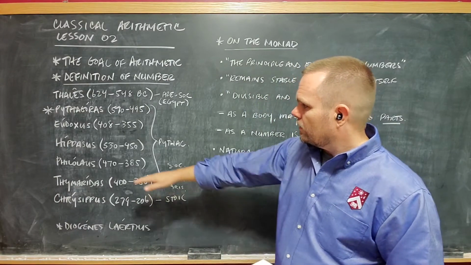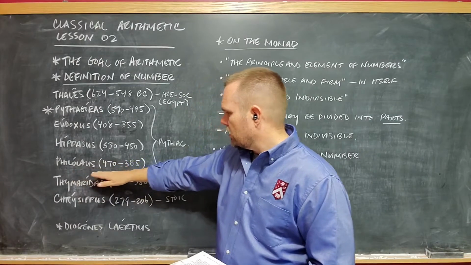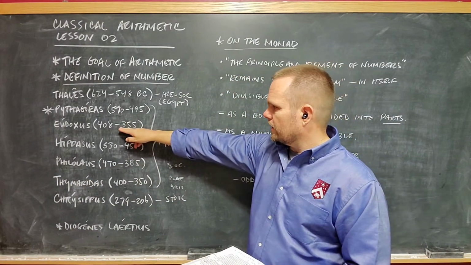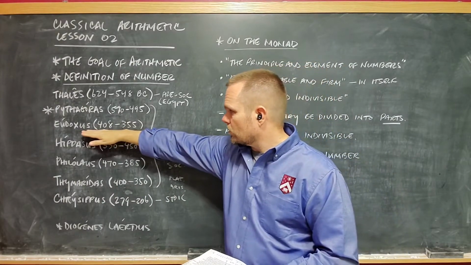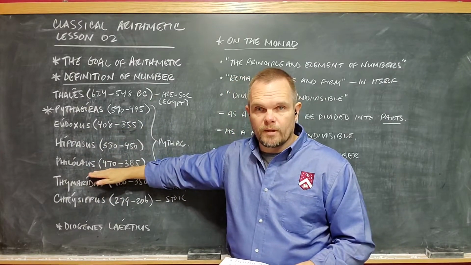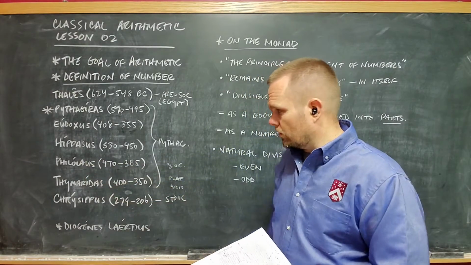Next we have Philolaos, who lived from 470 to 385. And just note that these are not in historical order, okay? Eudoxos came after Philolaos, all right? But in the order that they're presented in the lesson, they're not in historical order.